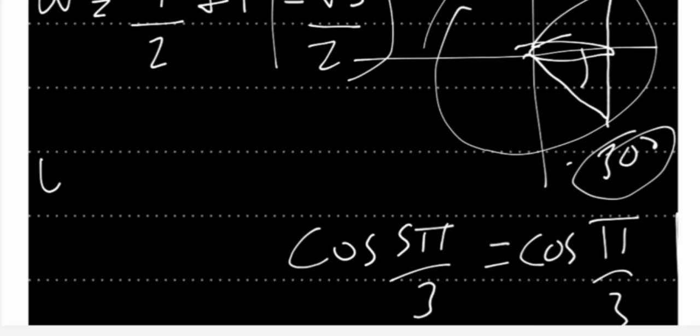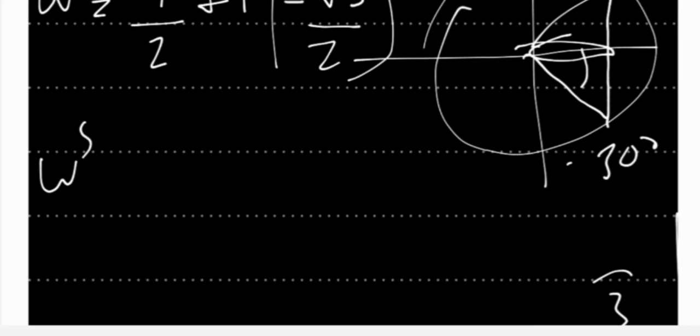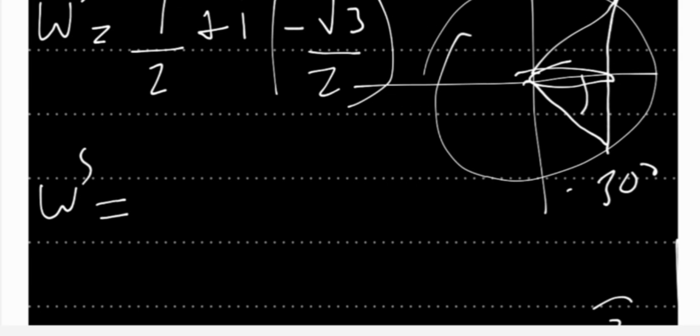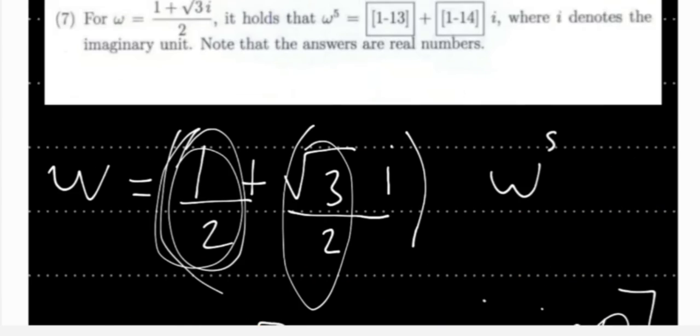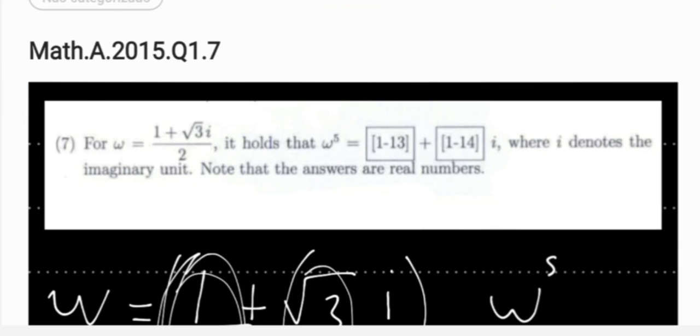Okay, so W to the fifth is equal to 1/2 minus square root of 3 divided by 2 i. Okay, so this is the answer. Don't forget to put the minus sign, okay? He didn't put the minus sign in the question over here, so you need to represent it. So this would be the minus square root of 3 divided by 2, and this is 1/2.